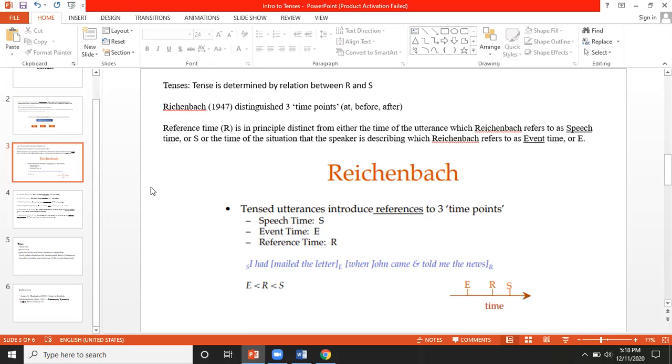So tense simply shows the relationship between past and future time. Generally, linguists agree that there are three types of tenses: past, present, and future.